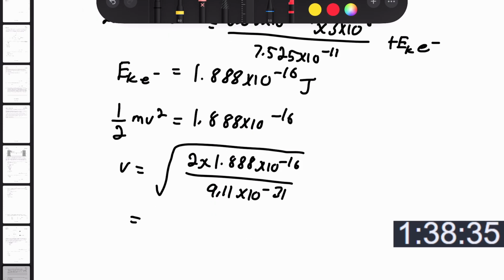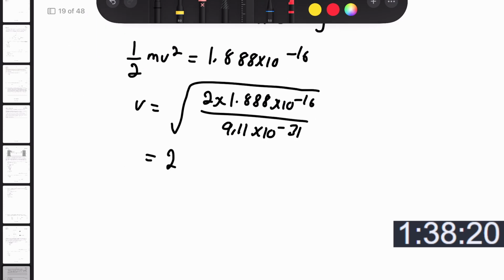I'm gonna have to do relativistic stuff. I hope not. Three, 4, 5, 6, 7. 2.03 times 10 to the 7 meters per second.